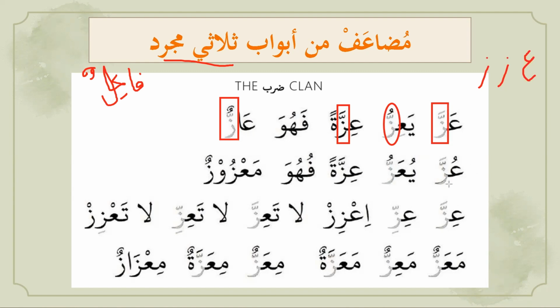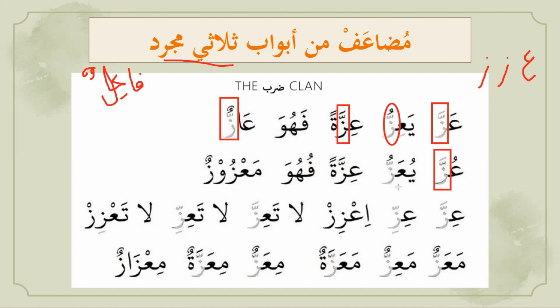Now coming to the second line, sar saghir. The past passive comes on the pattern of fu'ila, uziza. But because these words should have fusion because of the first rule, it becomes uzza instead of uziza.